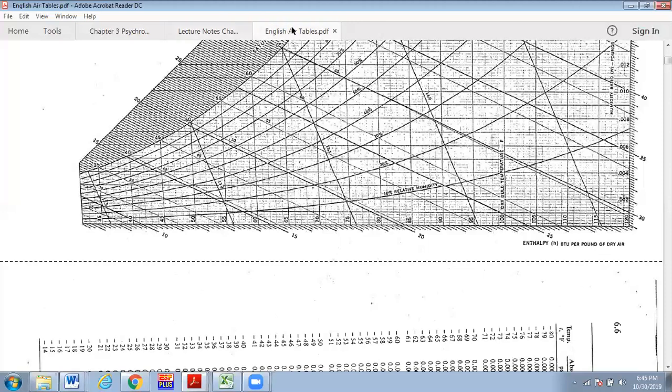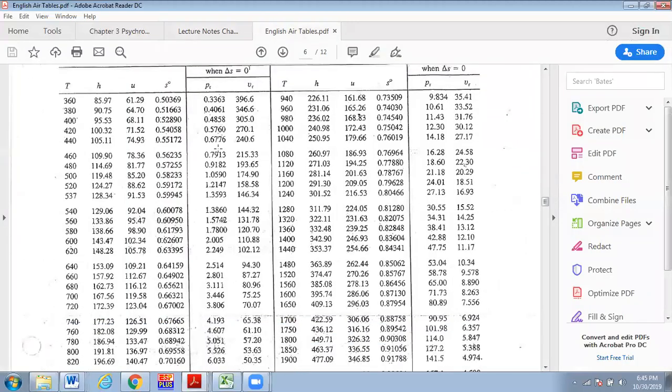Okay, well, so let's see. In Rankine, 100 Fahrenheit is what? It's going to be 460 plus 100, so it's going to be 560, right? So let's look at 560. 133.86.